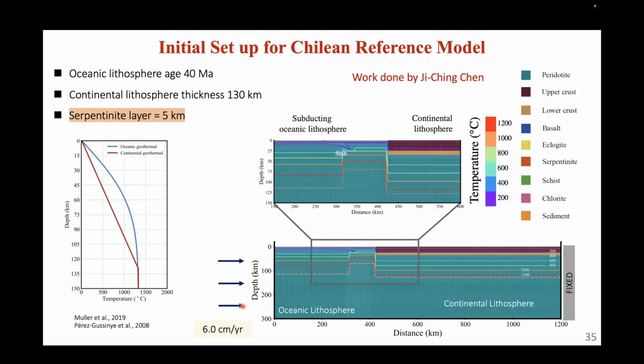So this is our configuration. The temperature profile, according to the blue line, is the overriding plate oceanic geotherm. That's according to the observed plate age of the Cocos plate, Nazca plate. This is not the Nazca plate. And to the right is the continental lithosphere.